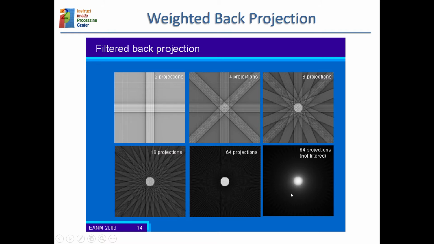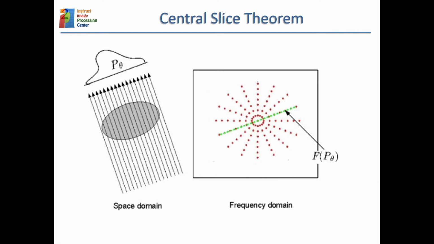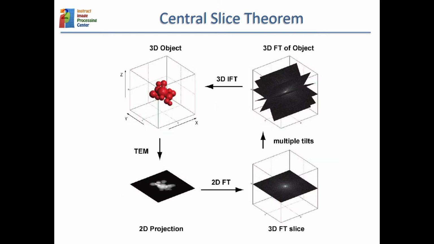So in this unfiltered version of the weighted back projection, the low frequencies have been overstated, and the solution is to apply the inverse of the overweight. It can be shown that the extra weight falls off as 1 over frequency. So the opposite of that is just to multiply by the frequency.